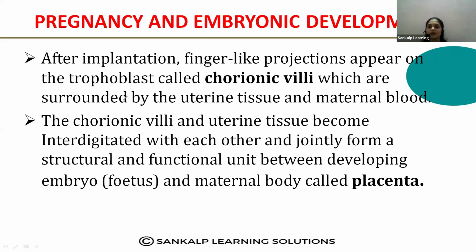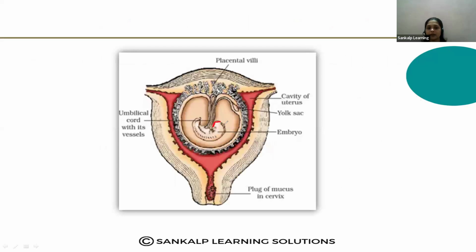Then what are the functions of the placenta? What does the placenta do? Here you can observe the developing embryo. In this diagram, this is the developing embryo, and here you can observe the umbilical cord that connects to the placenta. Here you can observe the placenta.